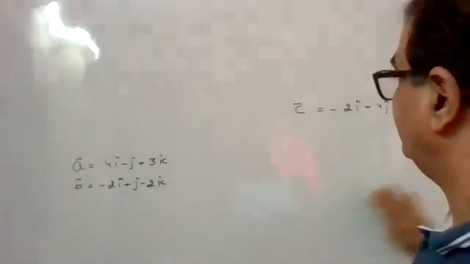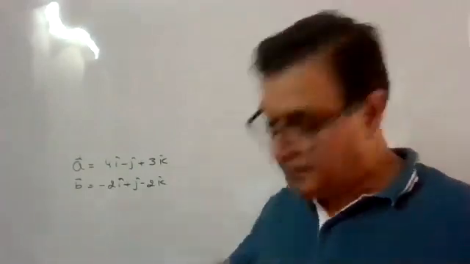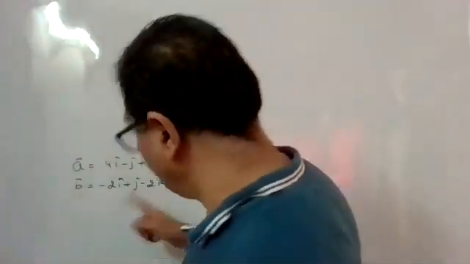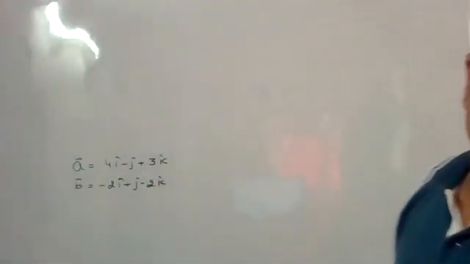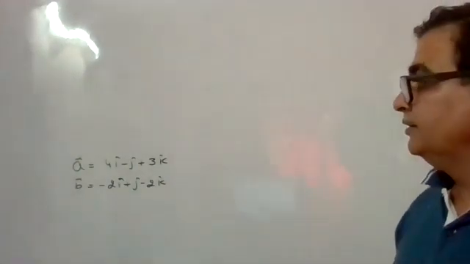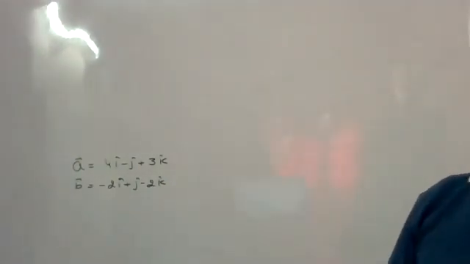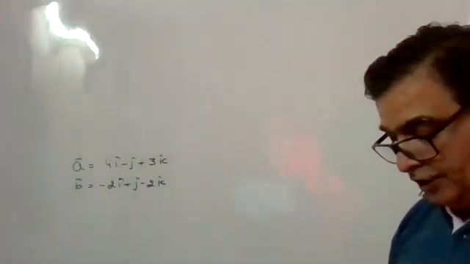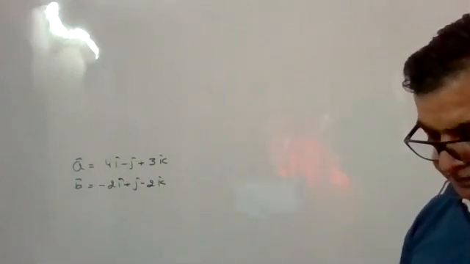Find a vector of magnitude 9 which is perpendicular to A and B. Find a unit vector. Find a vector of magnitude 9 which is perpendicular to both the vectors.